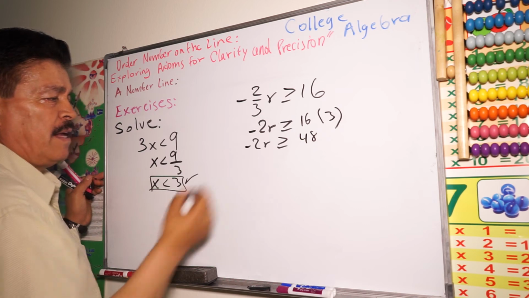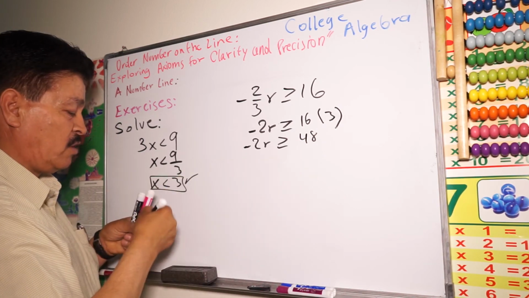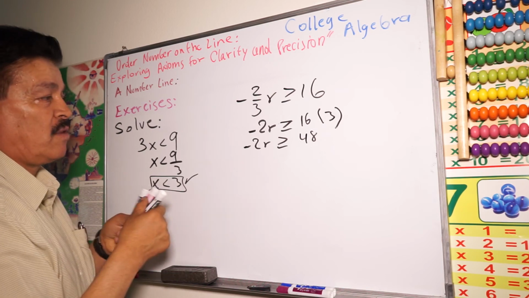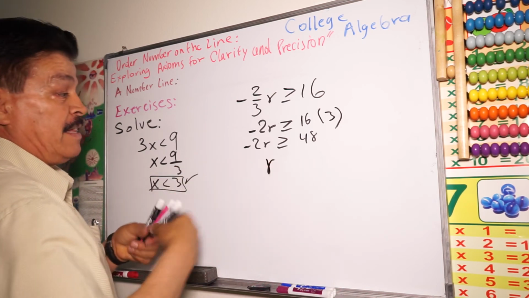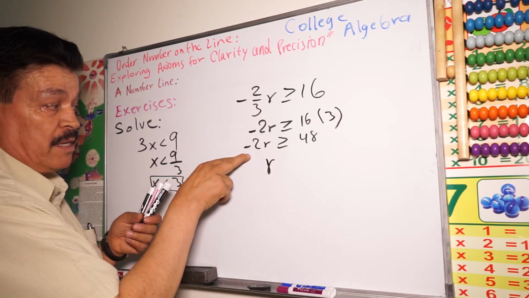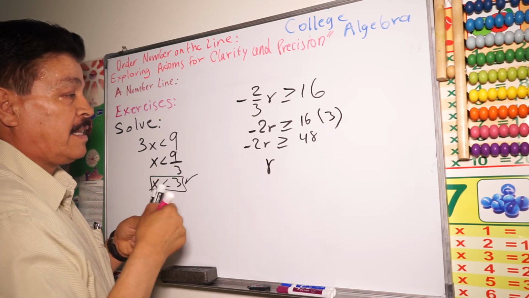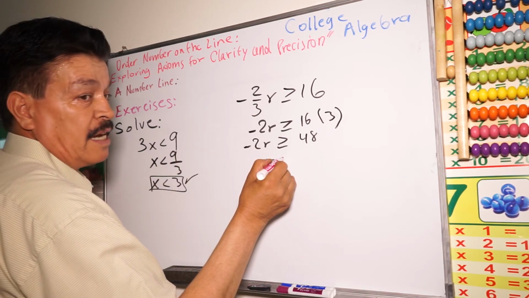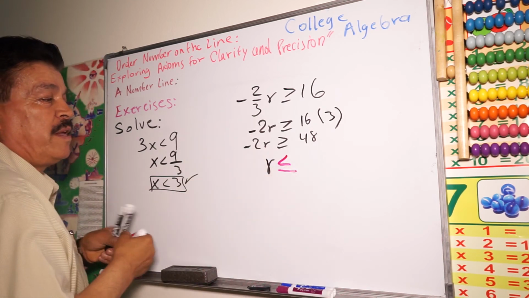So the answer, if you simplify, is going to be 48, right? Now, look at this. This is times. When you change it to the other side, you change to divide. So it's going to be r. And when this is negative, when you move the coefficient to the other side, the symbol moves, it changes. Why?